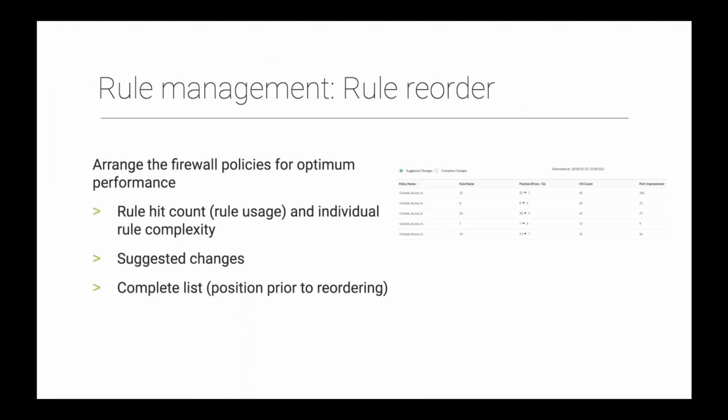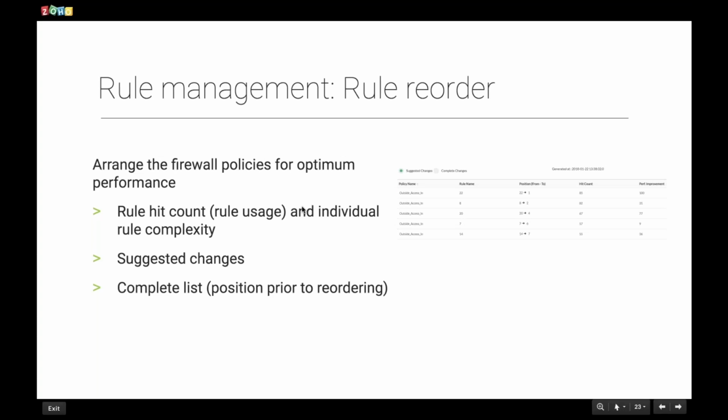Okay, next. With multiple security admins writing rules, the rules are not optimally arranged. For example, say that a new rule was written recently and this takes position number 500. But it is a rule which has a lot of hits, in other words, a frequently used rule.